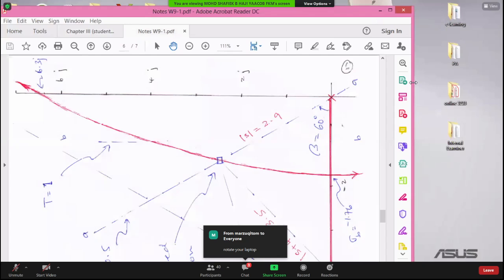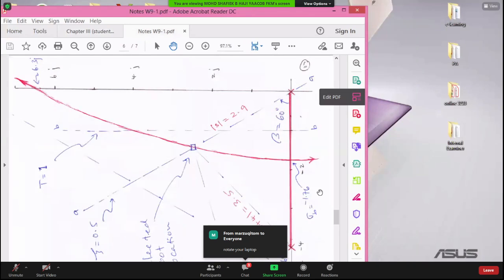No. How do I rotate this? There must be a button somewhere, right? Yeah, I can rotate this. Or you can tilt your head to your left. Okay, everybody now tilt your head to the left.